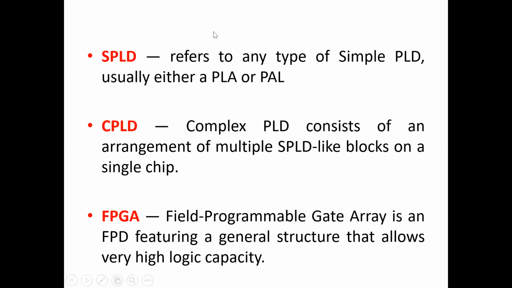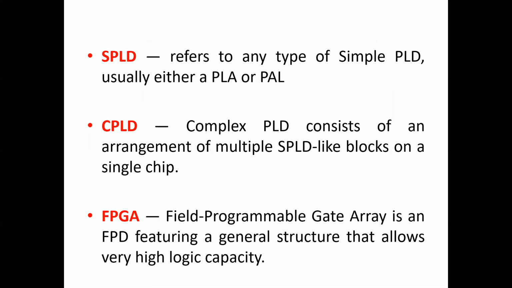And in the simple programmable logic device, it's a simple structure. It will have arrays of AND and OR which can be programmed. And in complex programmable logic device, it consists of arrangements of multiple AND OR arrays in blocks.